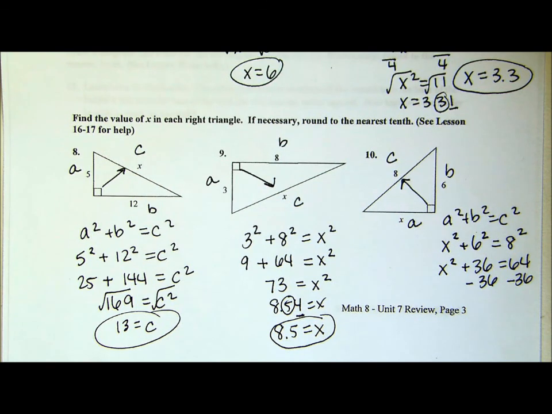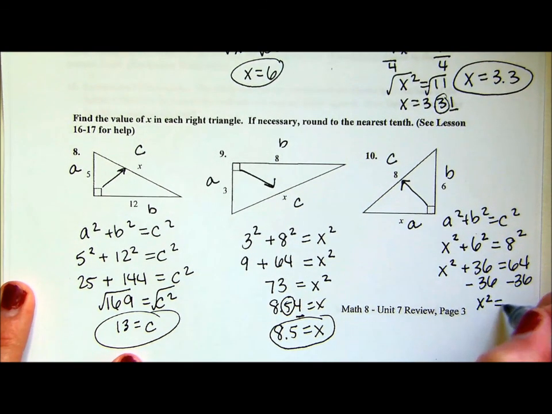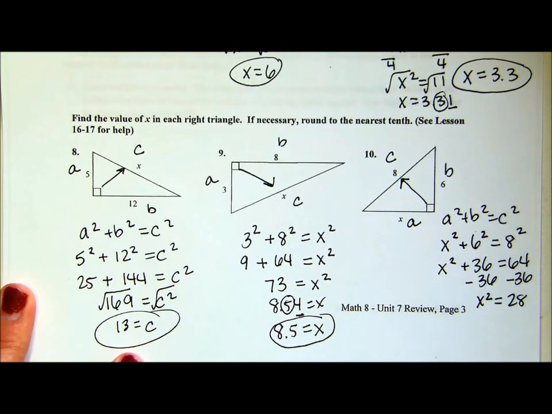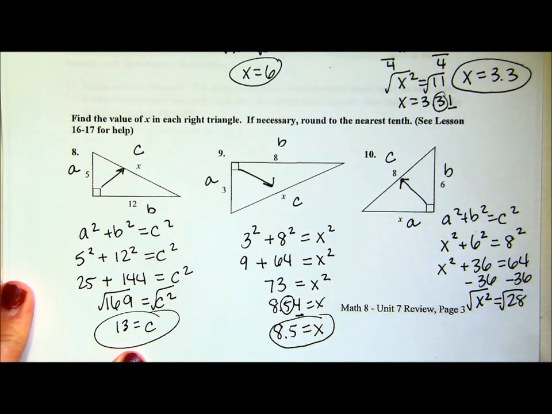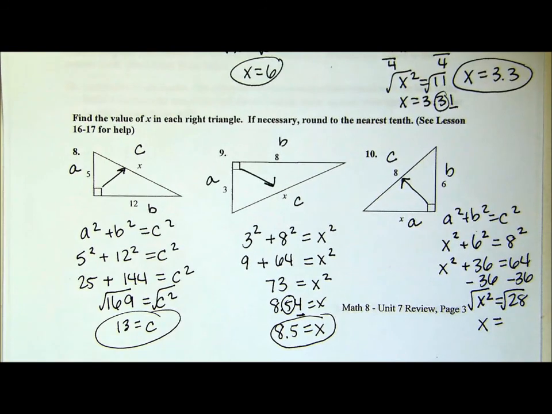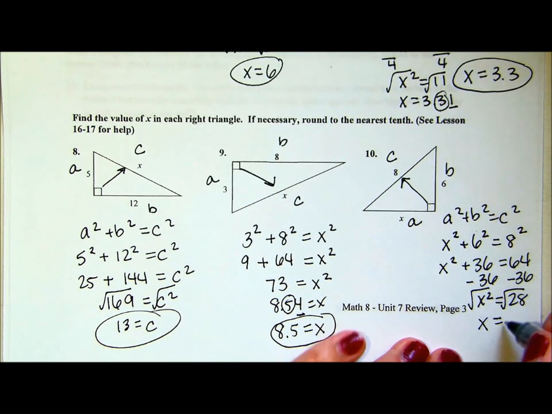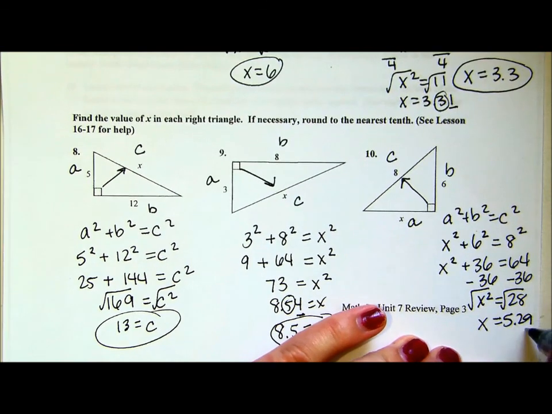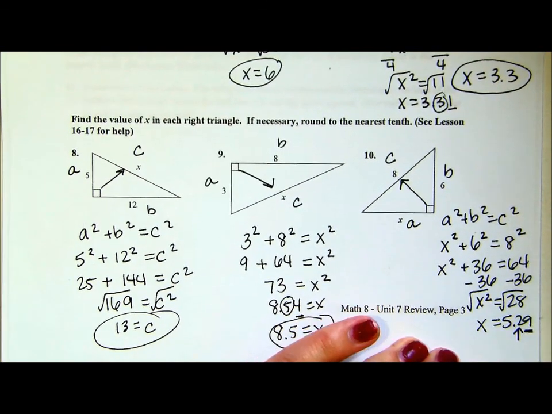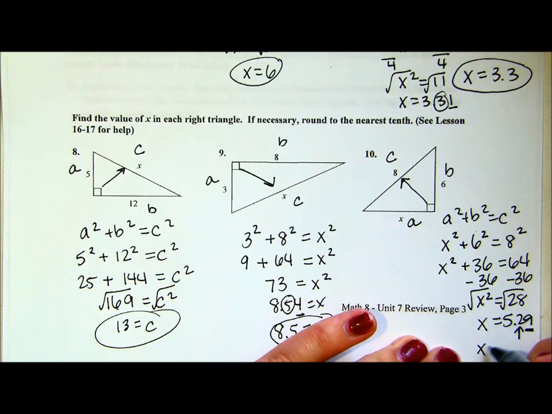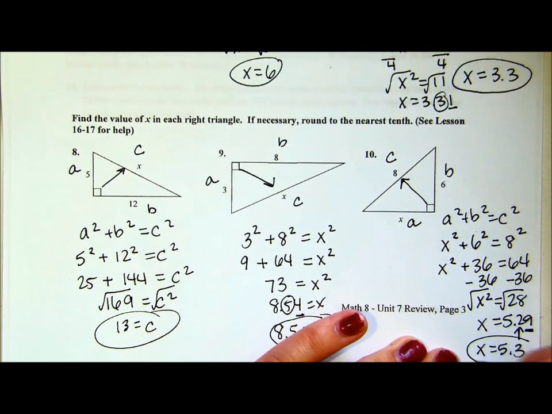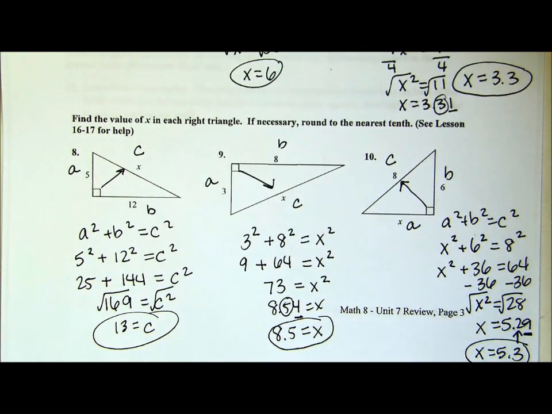So we're going to get x squared equals 28. We're going to square root on both sides, giving us x equals 5.29. Now this 9 is going to cause my 2 to increase. So we get x equals 5.3 as our final answer on number 10.